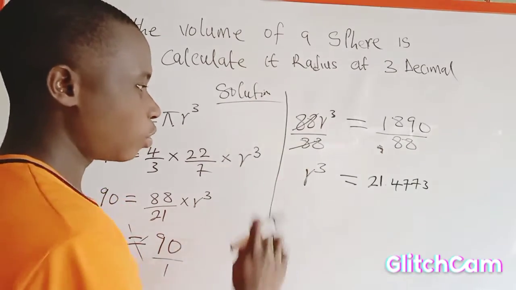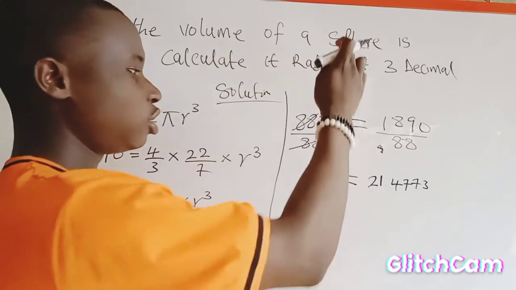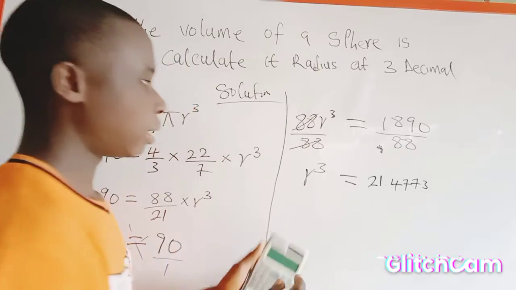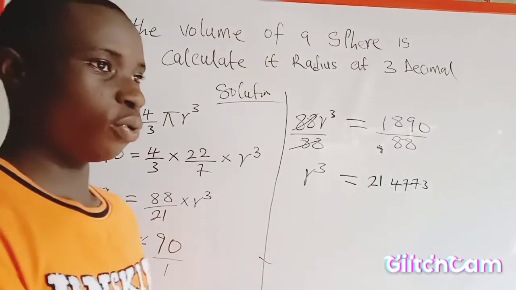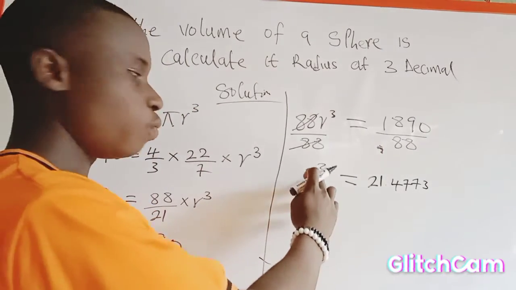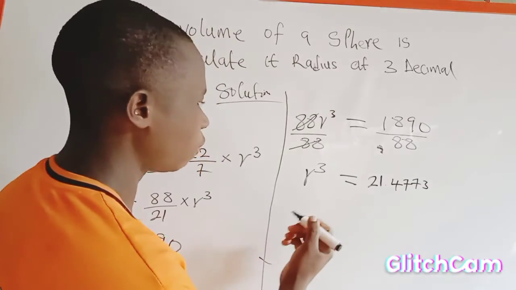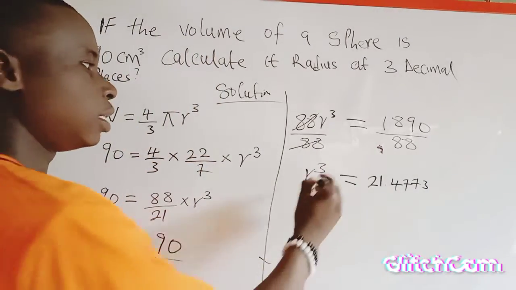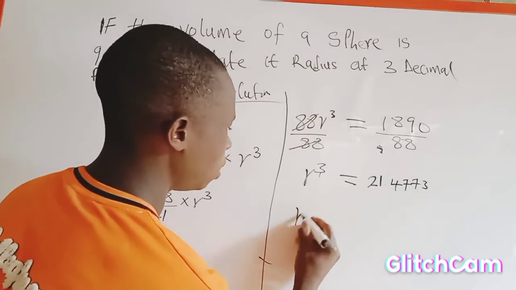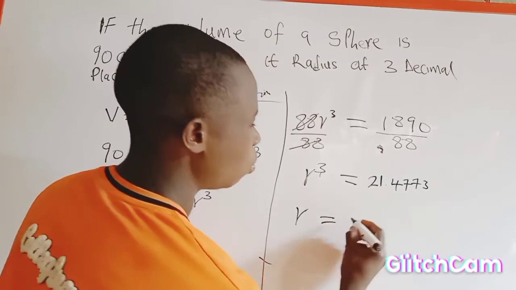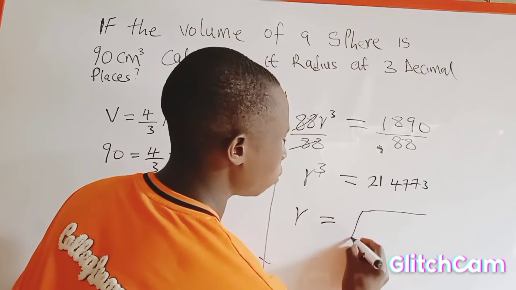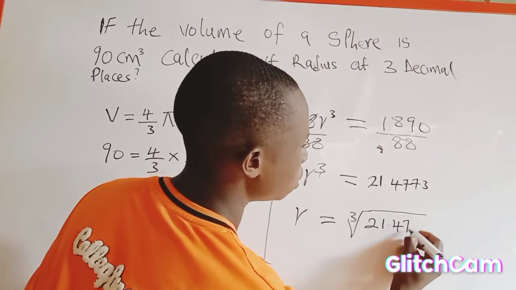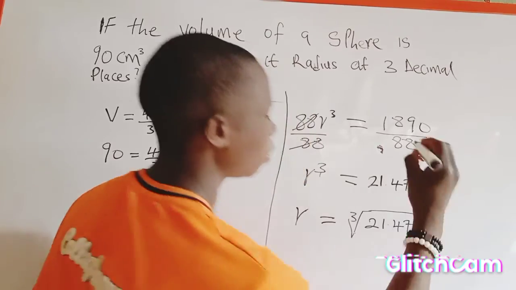So we are going to do something to eliminate this cube so that we can get our radius. We should take the cube root of both sides, because this is a cube. If you take the cube root of r cube, it cancels, so it will remain only the radius, which equals the cube root of 4.5341.